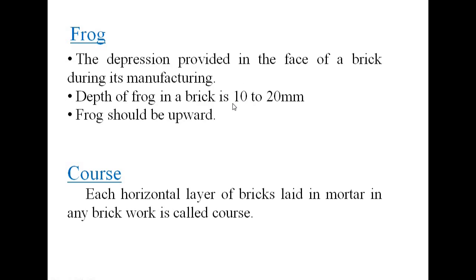But according to the Indian Standard dimensions, we have already seen in the previous presentation the standard depth and size of the frog. The frog should be upward. When we lay the brick, the frog should be laid upward, and the plane surface should be kept at the bottom.